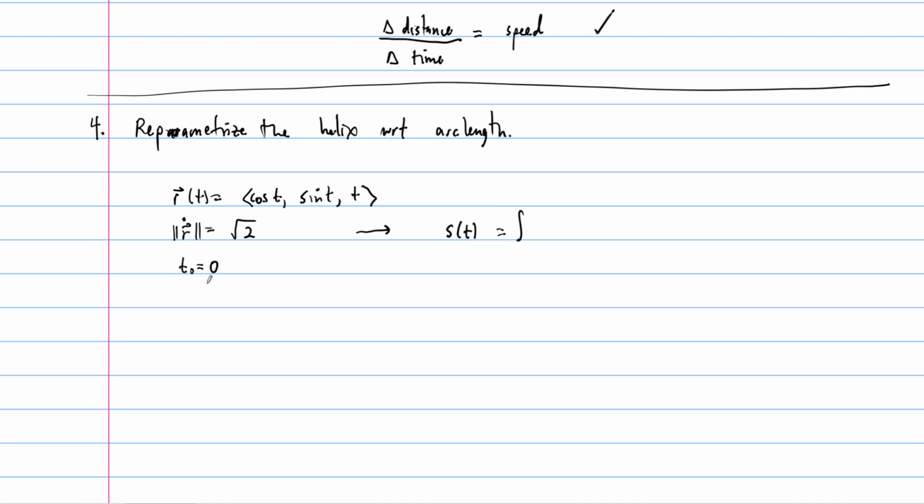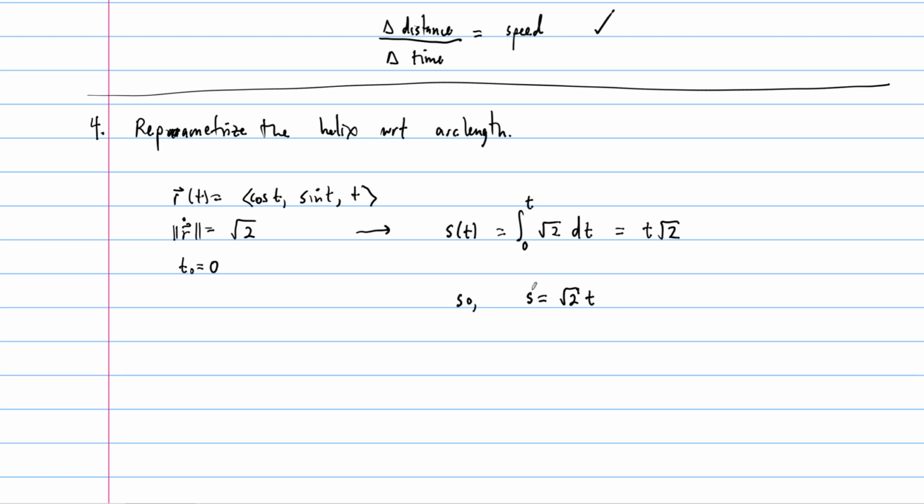So this will be the integral from 0 to t of square root of 2 dt, and we can integrate this. This just gives us square root of 2 times t. So we get this relationship that arc length is equal to square root of 2 times, for this parameterization, time.